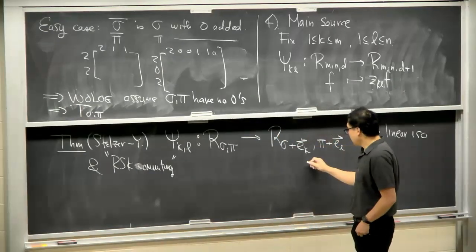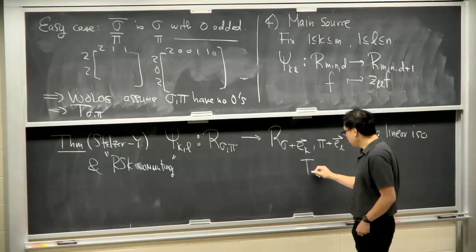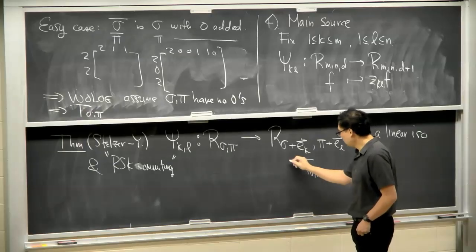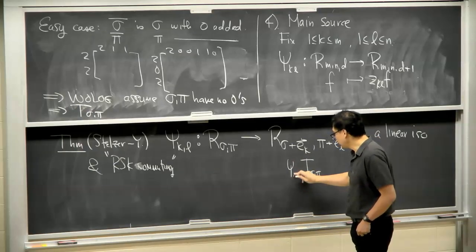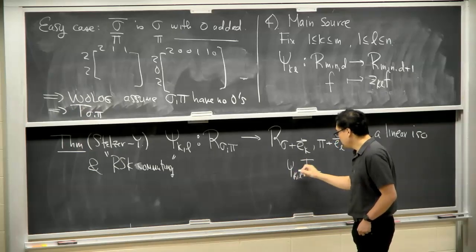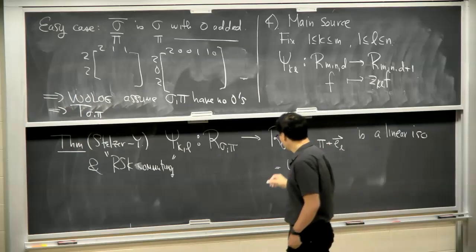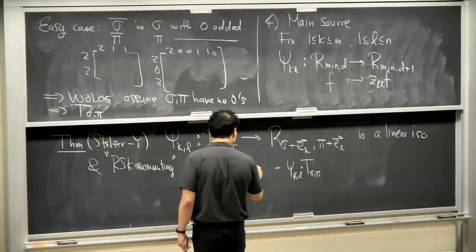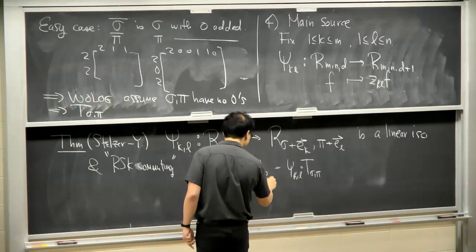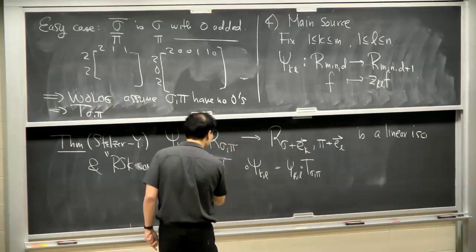What do I mean? I mean that T sigma pi, if you then compose it with KL, this is equal to precomposing.